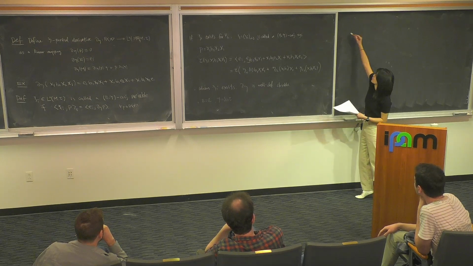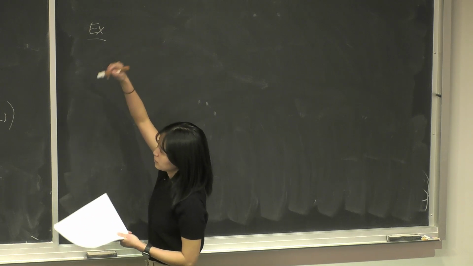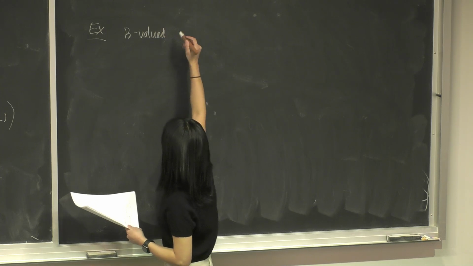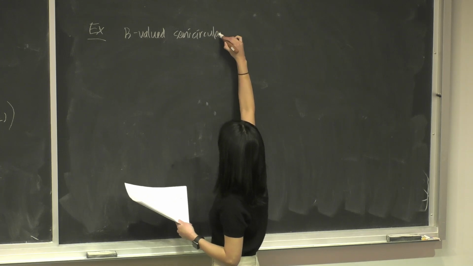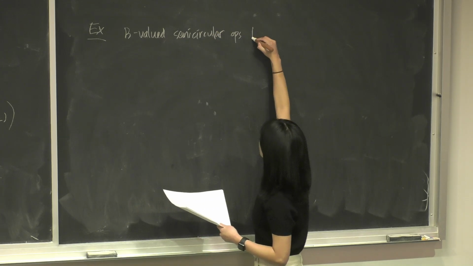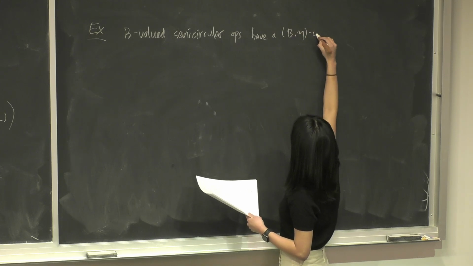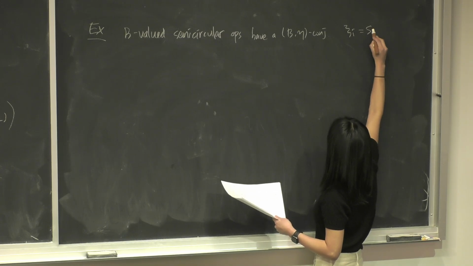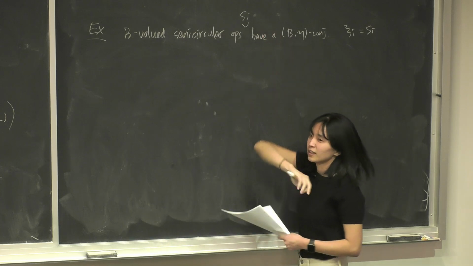But using that, we can show B-valued semicircular operators have a B-eta conjugate system, and the conjugate variable is itself too.